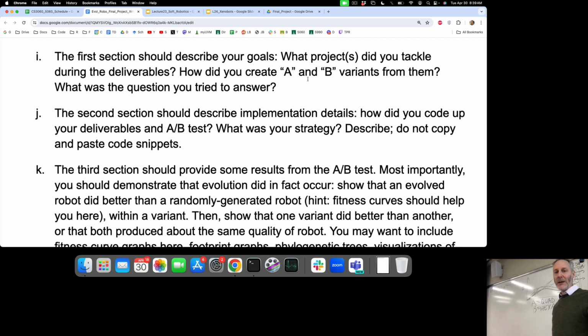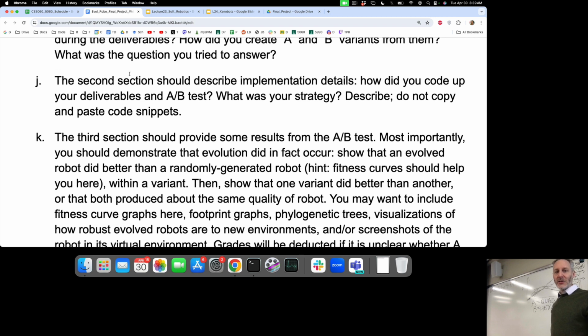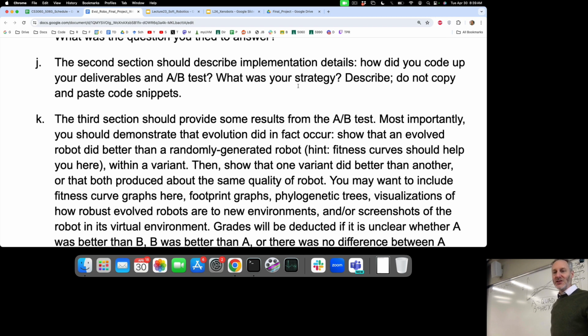So when you're describing to us what your A and B variants are, how much detail do you give us? You give us enough detail to understand what A and B is, and enough information about variants A and B for us to hopefully conclude that it's a fair comparison. Make sense?